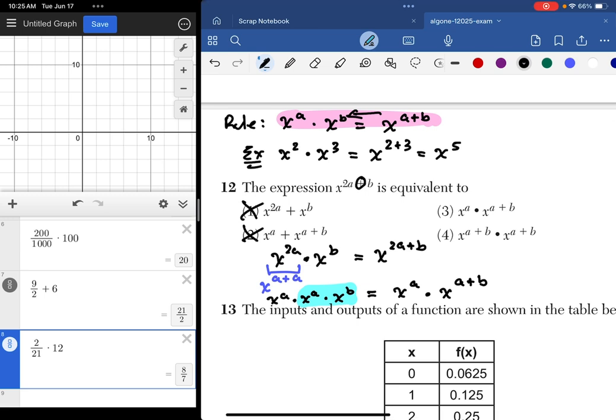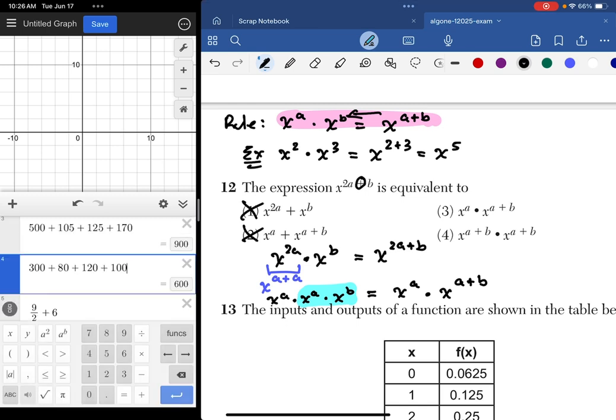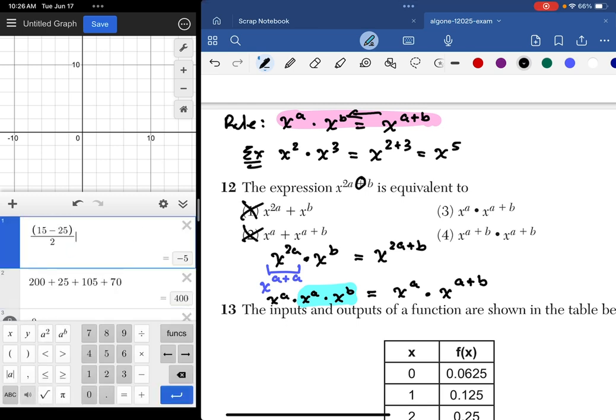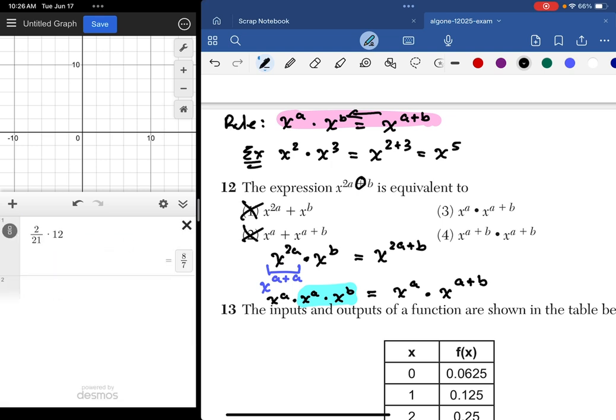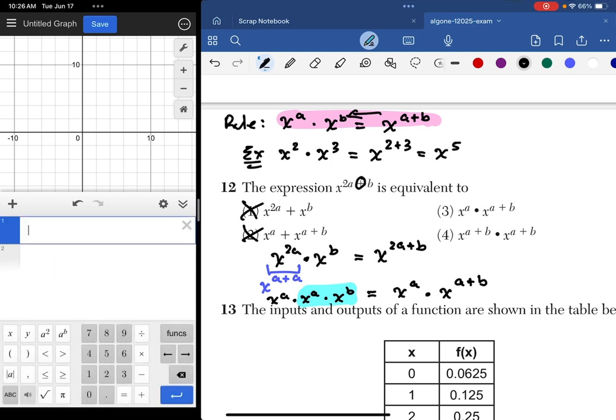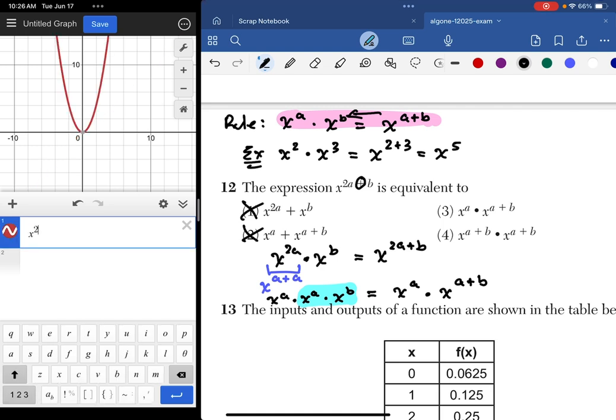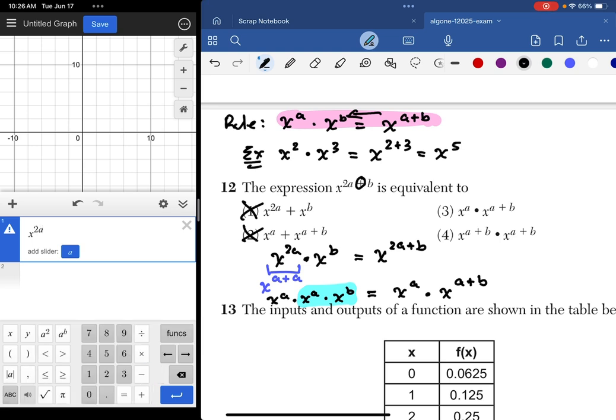Right? So if you're in a jam, what you could do is make up a couple numbers. Make up a number for A, make up a number for B, and just check your choices and see what's equivalent. I'm just going to wipe all this stuff out. So let's say, I'll actually put in their original, x raised to the 2, I'll use a plus b.